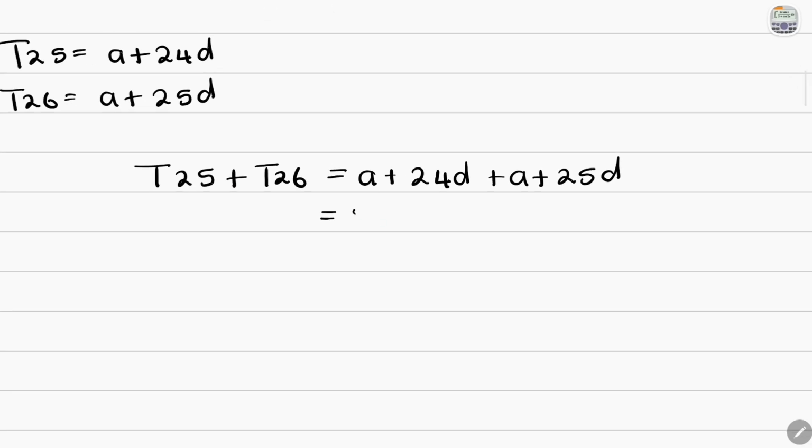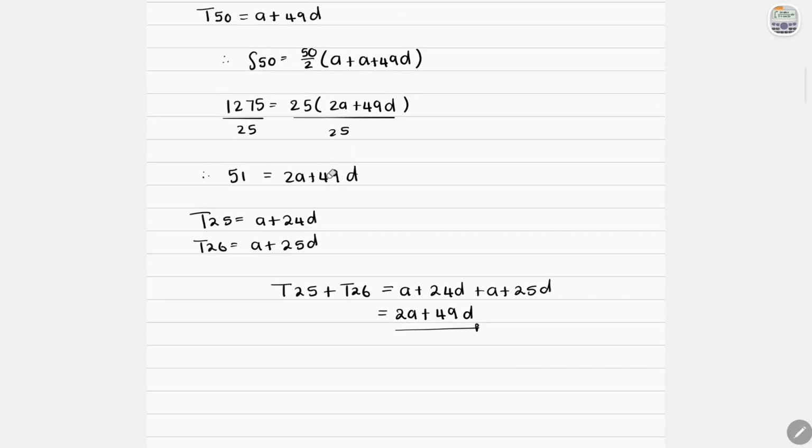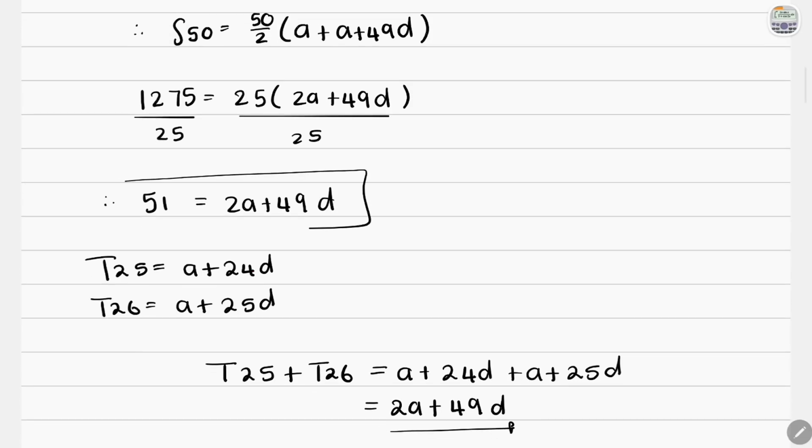Okay, and this is making sense now. So these two go together and they become 2A, and then that is plus 49D. Where did we see this? We saw this here, okay? That sum of 50 terms equation simplified to say that this 2A plus 49D is equal to 51.